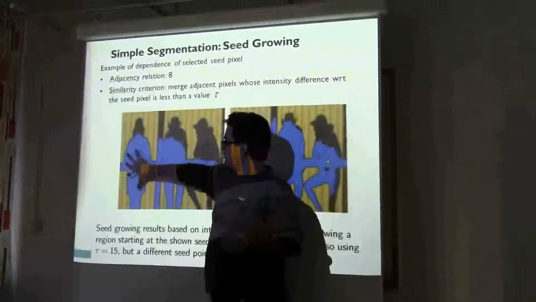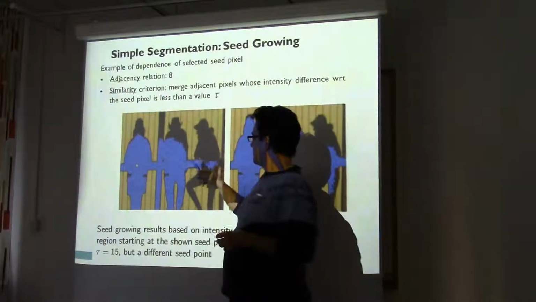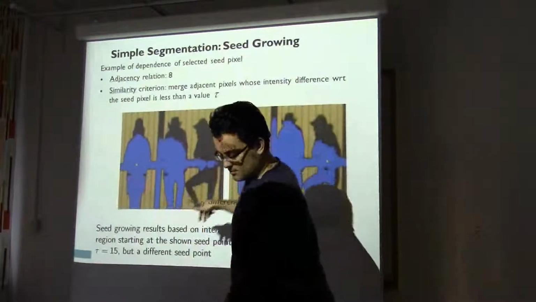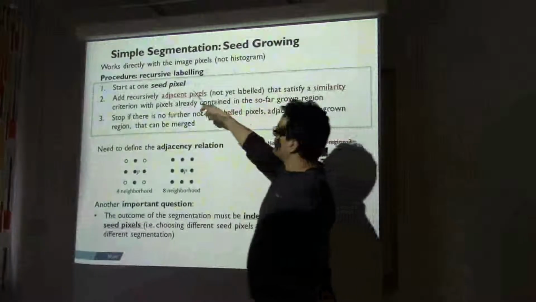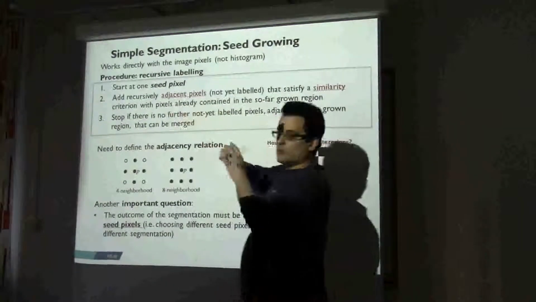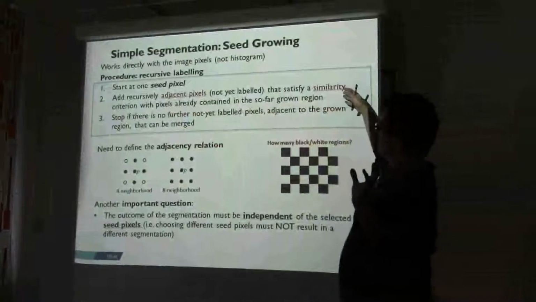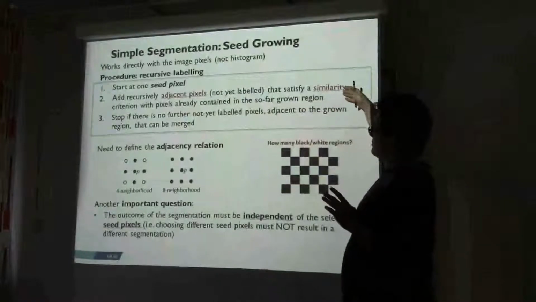You start to grow and then you stop when your pixels have a gray value different with respect to this one, higher than the first one. So this is what is represented here. Start in one pixel, grow and add neighboring pixels until new pixels around don't satisfy the similarity property.